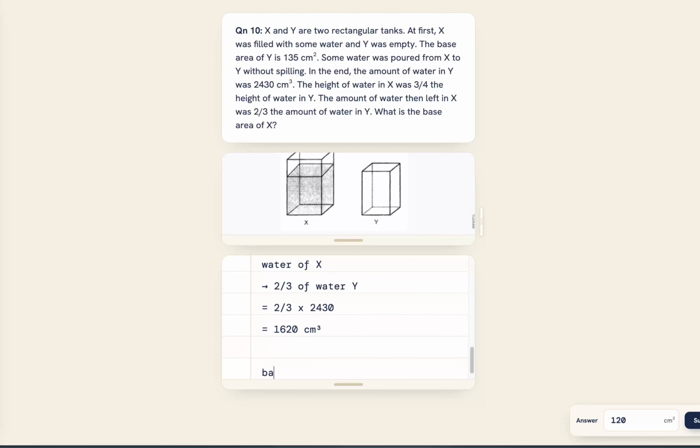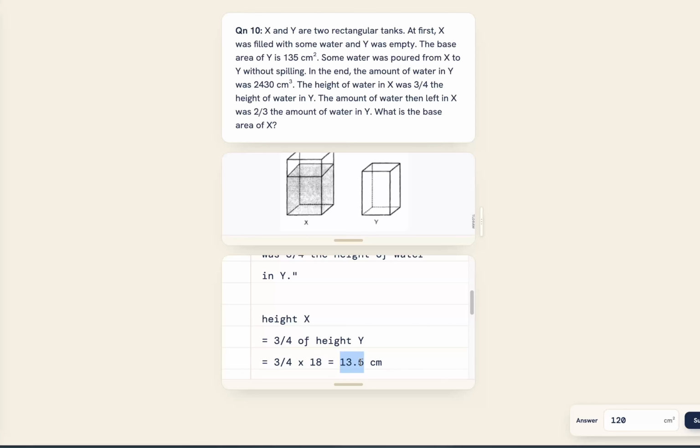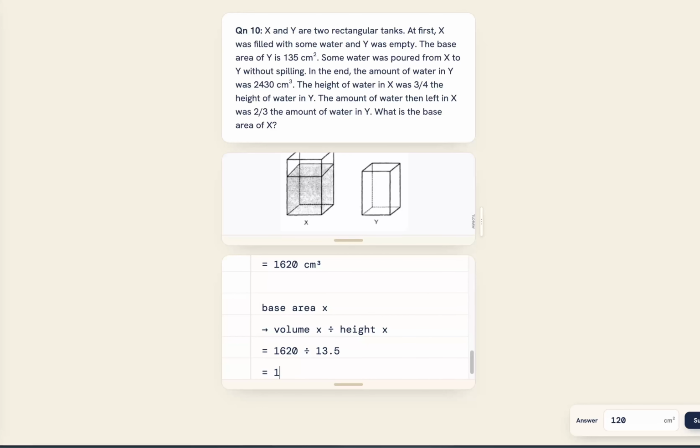So to find the base area, the base area of X is volume X divided by height of X. So we know the volume is 1,620 and we divide by the height 13.5, which is 120 centimeters squared. There you go.